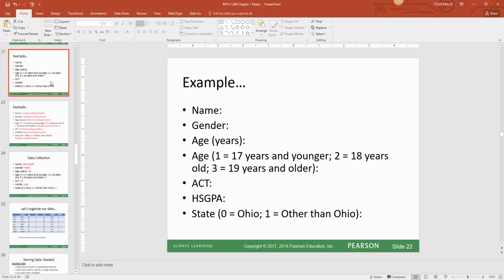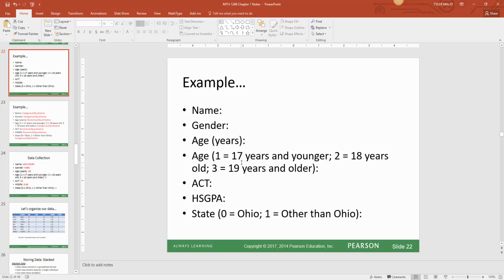Here's another example. Let's say you want to take information on Marian Tech students. This is the type of data we're going to collect: their name, their gender, their age in years, and then also their age broken into 3 categories. Sometimes when you work with categorical data, you code things with numbers.